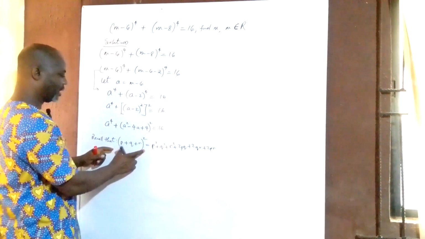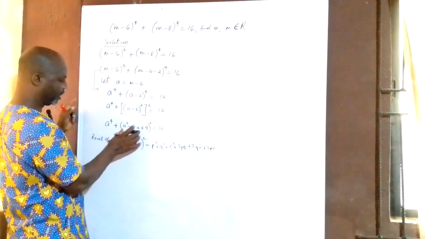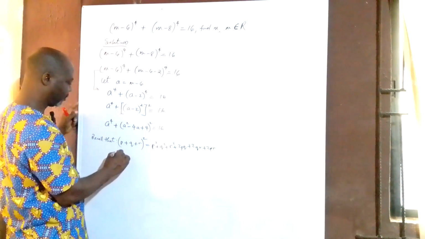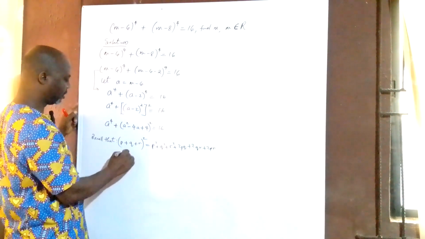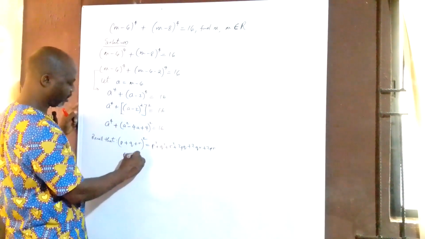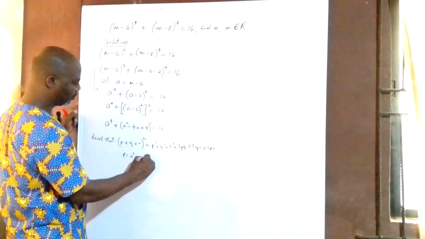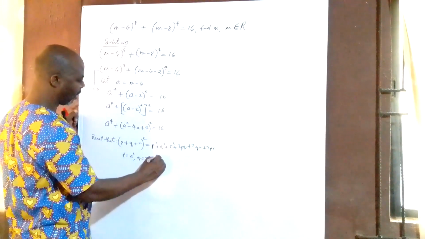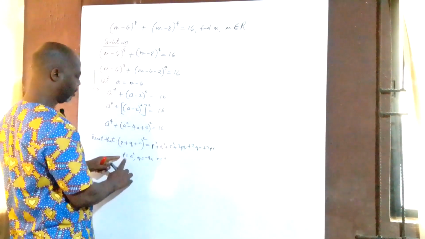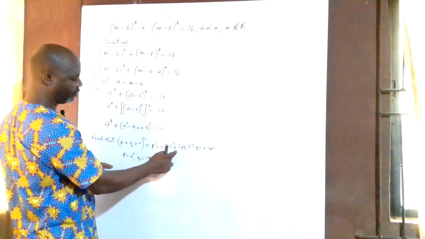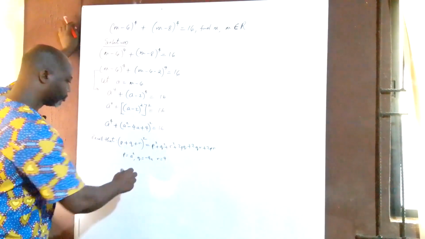So I will use this identity to expand this. What this means is that p equals a^2, q equals −4a, and r will be equal to 4.